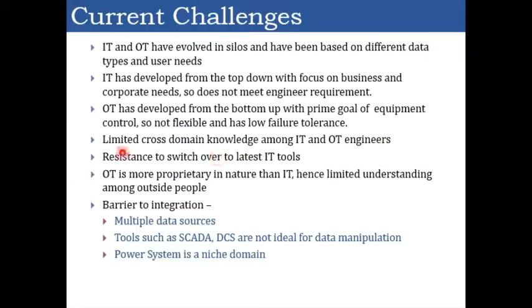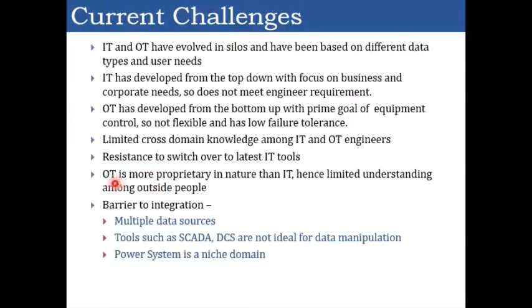There was further resistance from the OT side to switch over to the latest IT tools, because the OT engineers thought that the technologies they have developed over time are quite mature, and if it is working very fine, why make changes now?